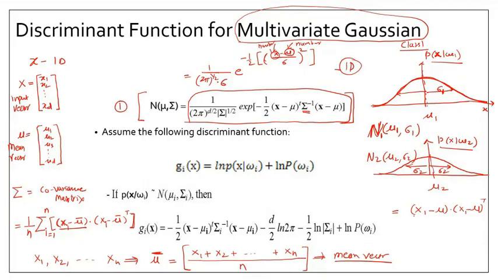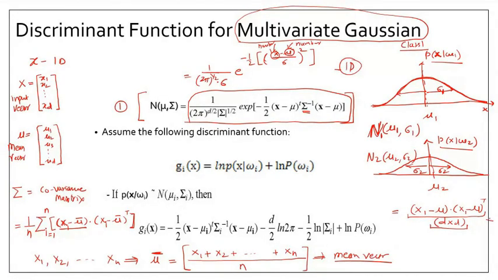So this is the outer product. Okay, so since x1 is d-dimensional, mu is also d-dimensional. So this outer product will be d cross d dimension. Okay, so this will be a matrix.